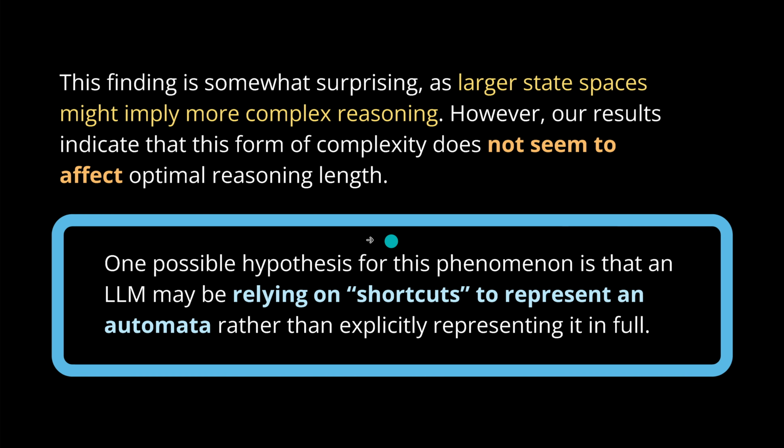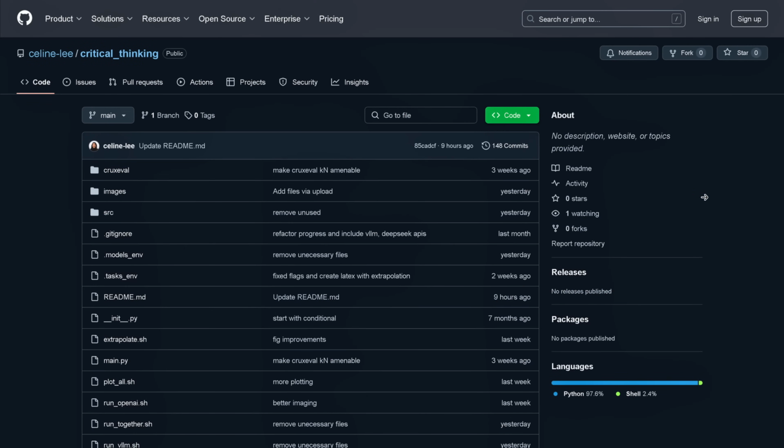They go on and tell us one possible hypothesis for this phenomenon is that an LLM may be relying on shortcuts to represent this automaton rather than explicitly representing it in full. So this topic of the LLM doing shortcuts internally, even for a simplified representation of a finite state automaton, is now an absolutely fascinating topic for me, but this is not the main part of the study. So I will talk about this in my next videos.